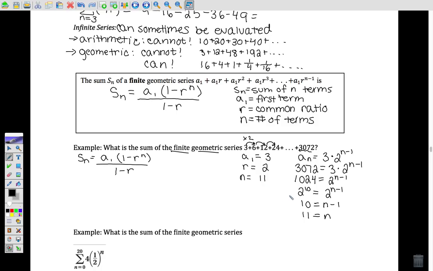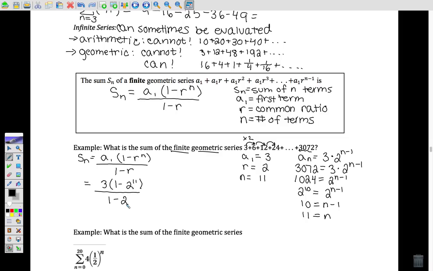Once we know those three things, we just plug into the formula. So the first term was 3, the common ratio was 2, n was 11, and the common ratio was 2, again gets plugged in here. So now we just have to take out our calculator and figure out what this huge sum is going to be.